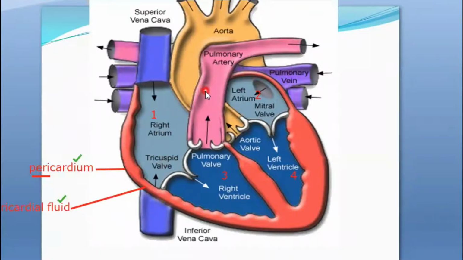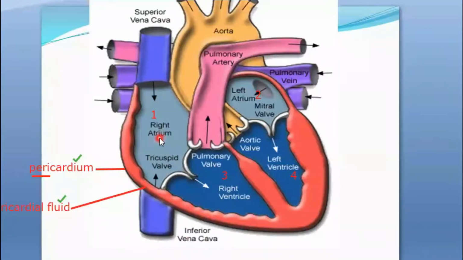The blood vessel which opens to the right atrium is known as vena cava. The one that comes through the superior side, meaning upper side, is the superior vena cava. The one that comes through the lower side is known as the inferior vena cava. These two blood vessels open to the right atrium.